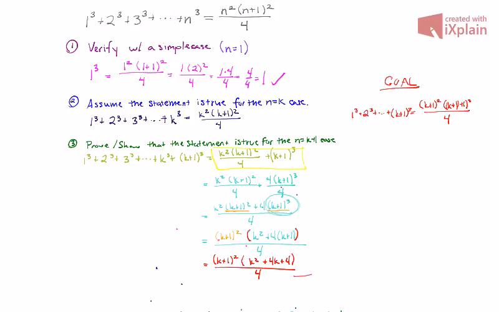So this in turn is going to be equal to k plus 1 squared times, I can factor that k squared plus 4k plus 4. That actually turns into k plus 2 times k plus 2, or we can simply say k plus 2 squared, all over 4.